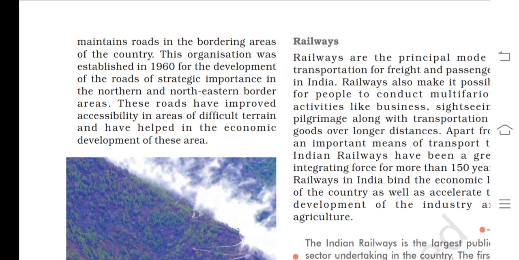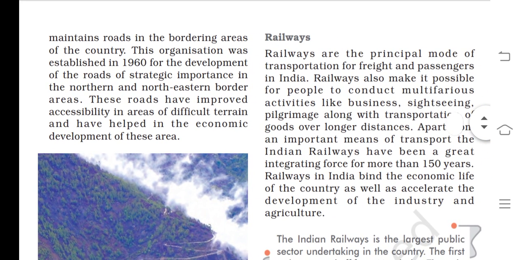Railways in India bind the economic life of the country as well as accelerate the development of industry and agriculture. Obviously it will be very helpful for the industry also, because it can make the transportation of goods easy.